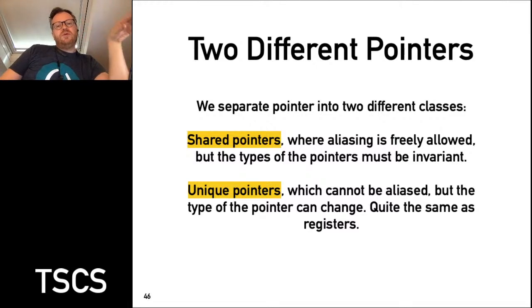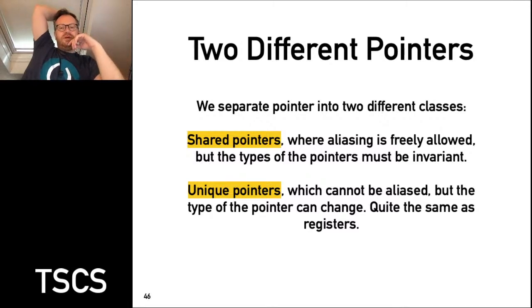Whenever we assign something to a shared pointer, once the type is fixed, we cannot change it anymore, but aliasing is freely allowed. Then we have so-called unique pointers. They cannot be aliased, that's why they're unique pointers, but the type of the pointer can change. So this is quite the same as registers, but on the heap.